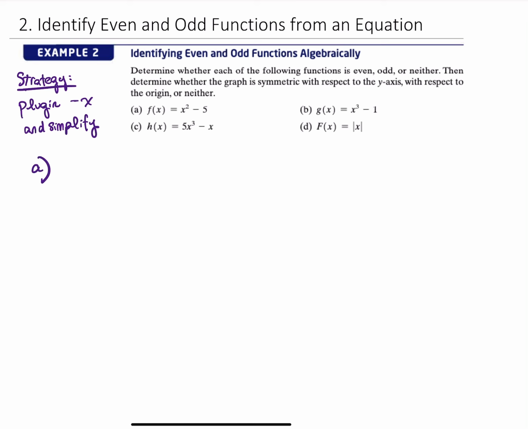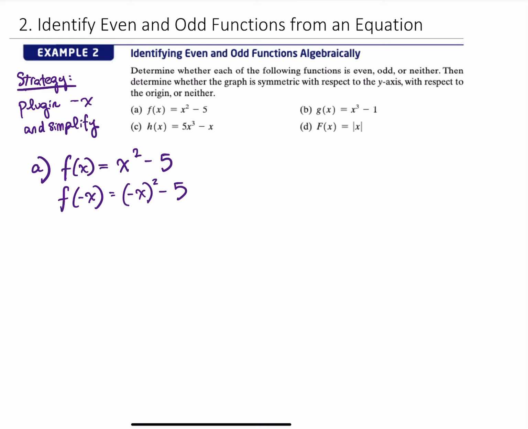Start with A. So here our function is x squared minus 5. I'm going to plug in negative x. So I'm going to find f of negative x. So this would be negative x squared minus 5.